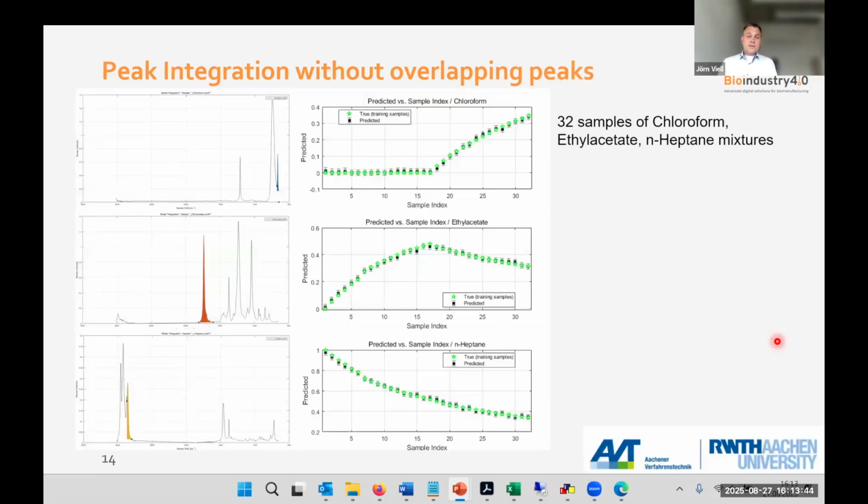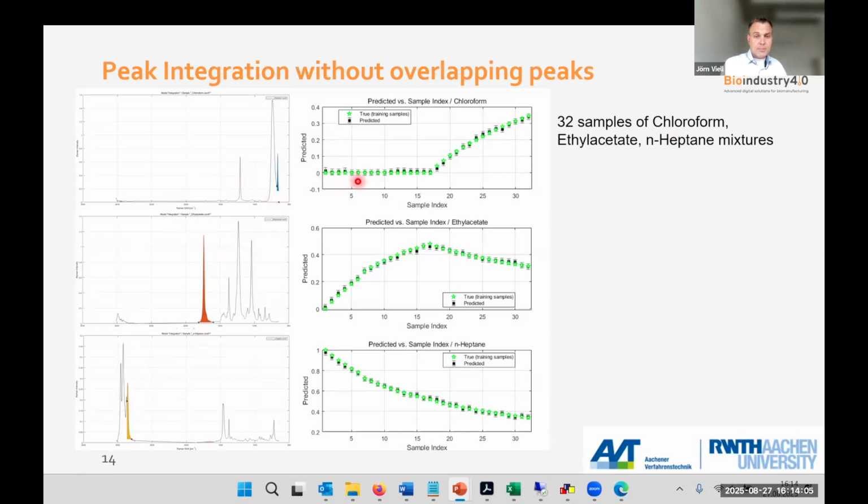So with peak integration, in this particular system here, a mixture of chloroform, ethyl acetate, and N-heptane, this is very simple. The peaks are very well isolated, so you can pick one of these peaks for each component, and then you can quantify.